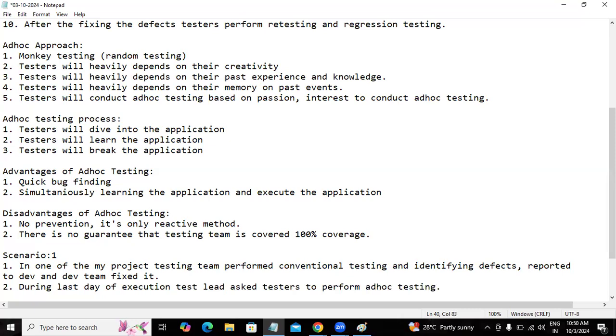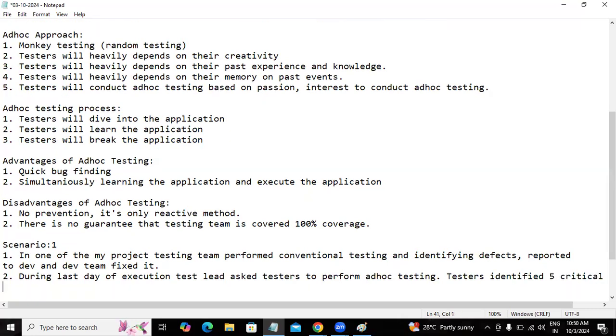And testers identified 5 critical defects while performing ad hoc testing on the last day.